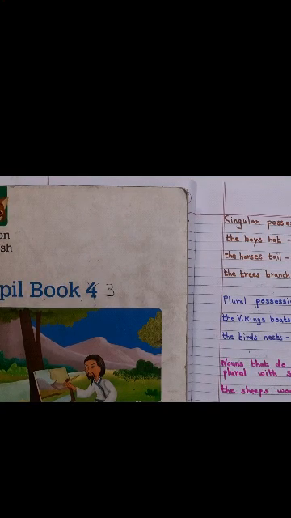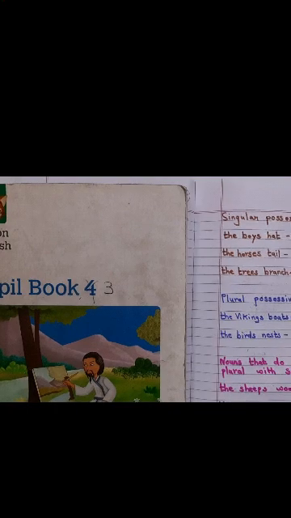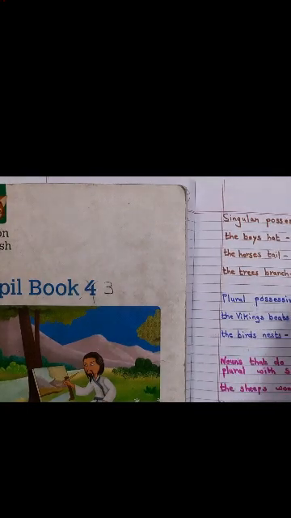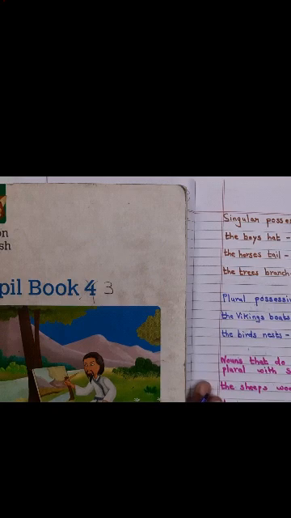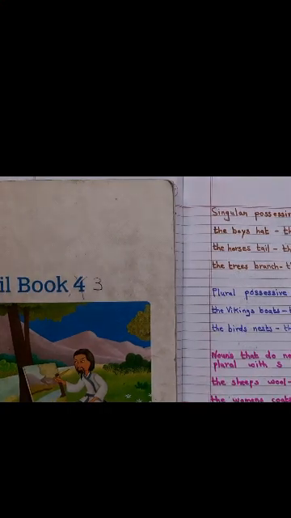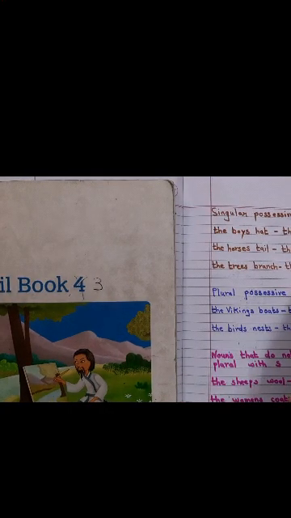Now, the horse's tail. So where will I put my apostrophe? The horse's tail. Right? What about the next one? The tree's branch. Branch of the tree. Okay.